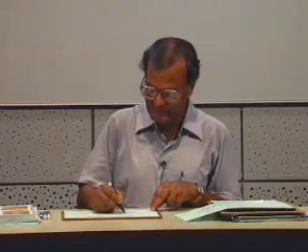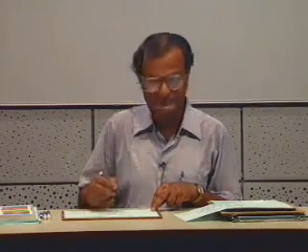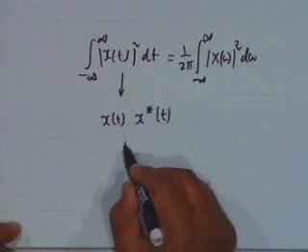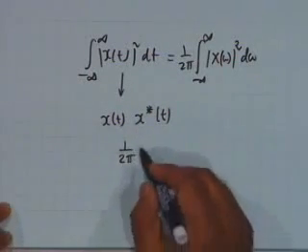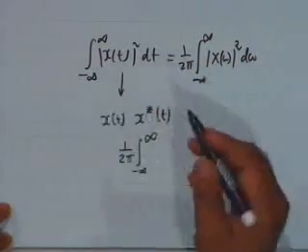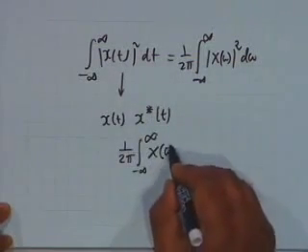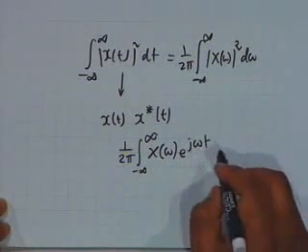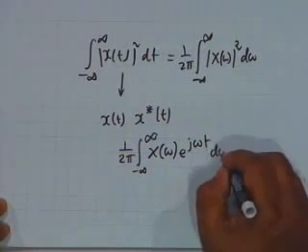I write this as x(t) times x star of t. And you know x(t) can be written as 1 over 2 pi times the integral from minus infinity to infinity, that is the inverse Fourier transform, of capital X(omega) e to the j omega t d omega.